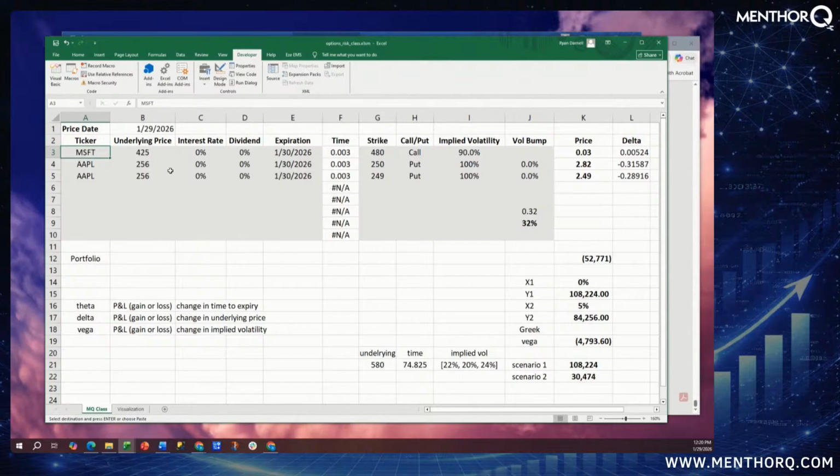Say you did a 60-day put, and then let's say that was more like 30 days.